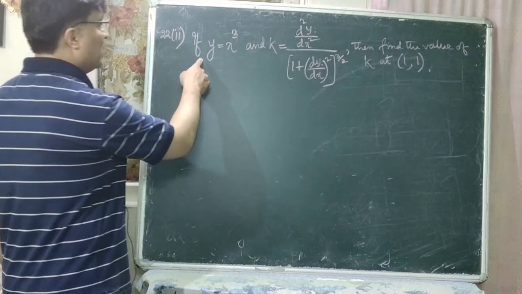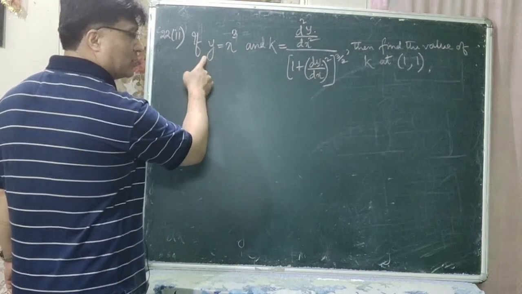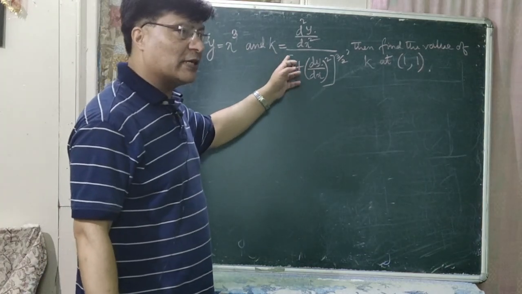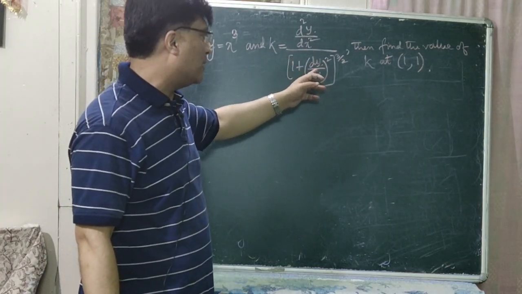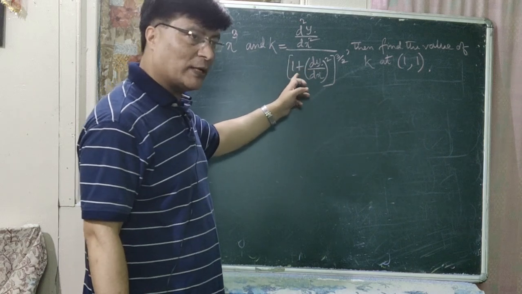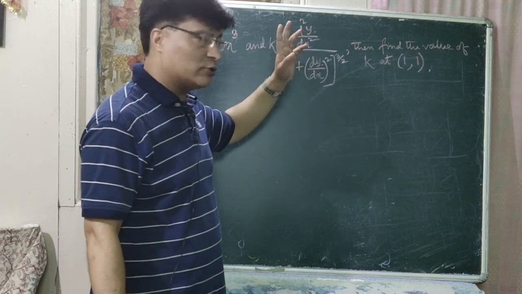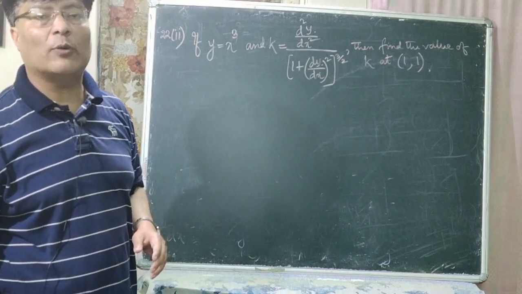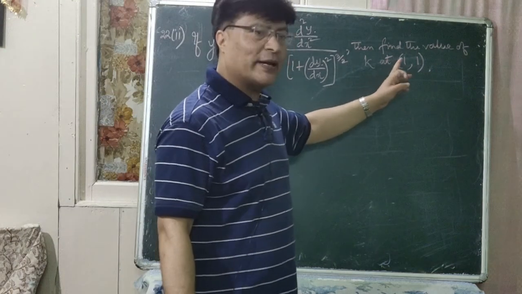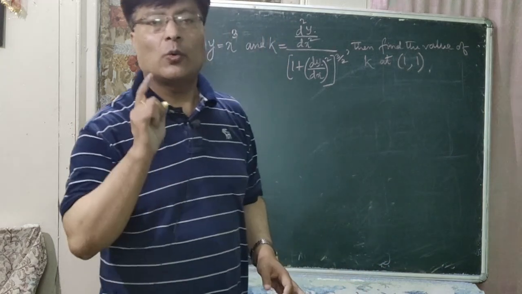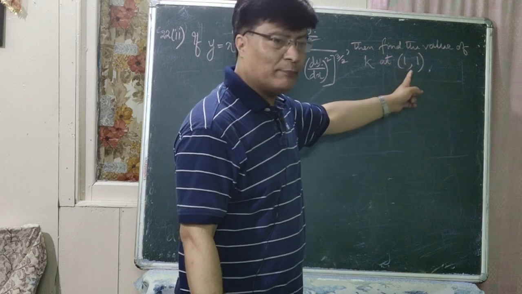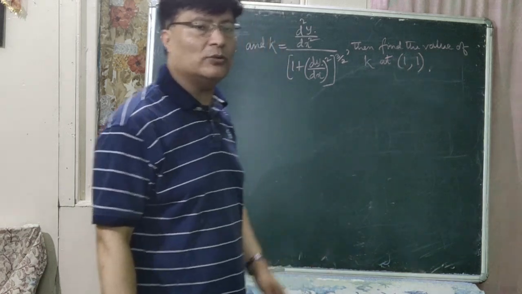Here the value for y is given in terms of x, that is y is equal to x cube, and also the value for k is given, it is d2y by dx square divided by within third bracket 1 plus dy by dx whole square whole to the power 3 by 2. Then you have to find out the value of k at within bracket 1 comma 1. That means this within bracket 1 comma 1 means when x is equal to 1, y is equal to 1. Here we can put x is equal to 1, y is equal to 1.